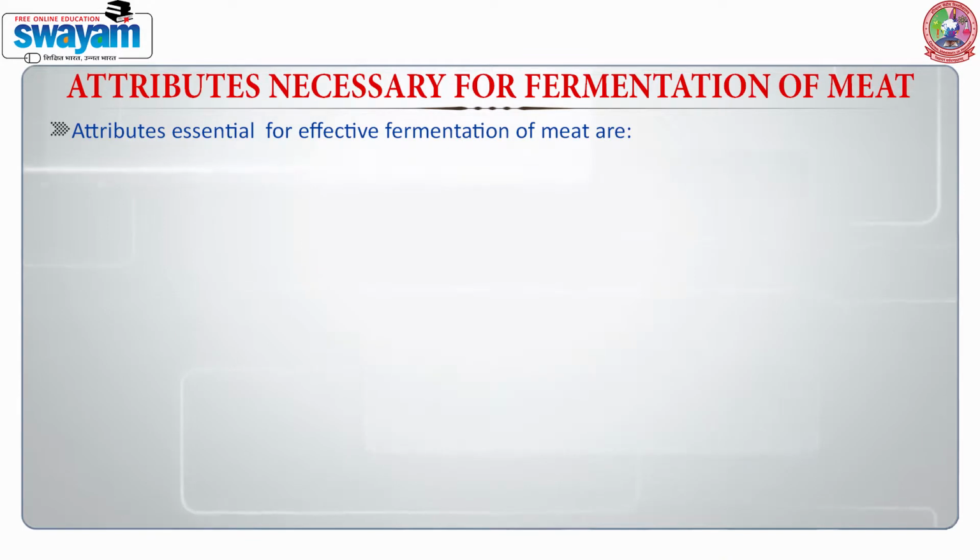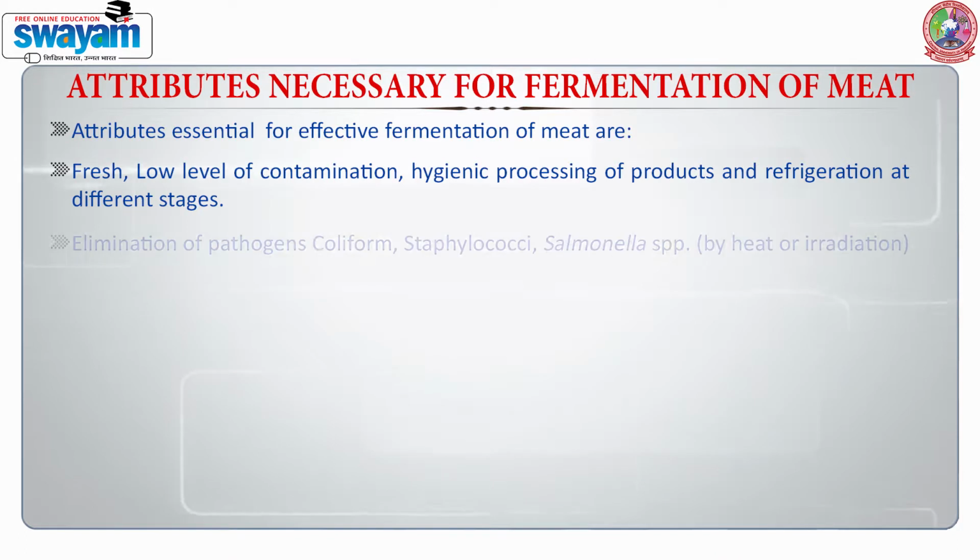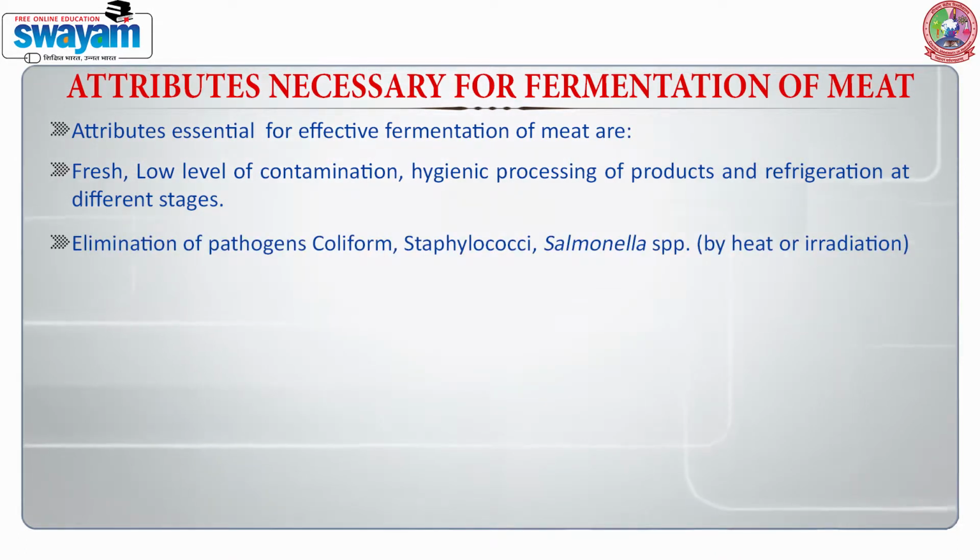There are certain attributes necessary for fermentation of meat. It should be fresh with low level of contamination, the processing should be hygienic, and refrigeration should be resorted to at different stages. Elimination of pathogens like coliform, staphylococci, salmonella species may be undertaken either by heat or by irradiation.